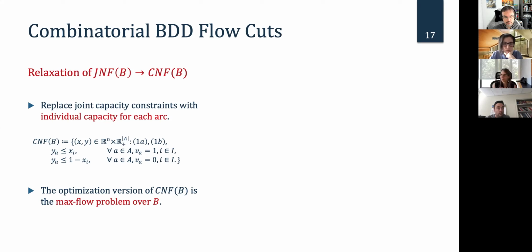There are a lot of algorithms to solve max flow problems without having to build an LP, so we can use any of the textbook max flow algorithms.